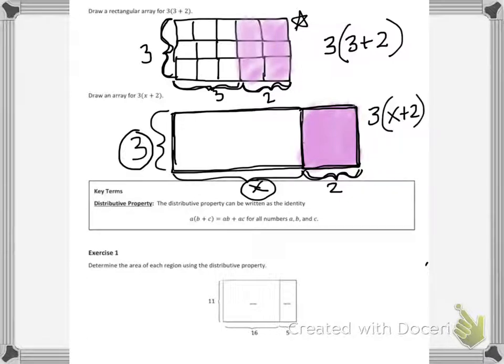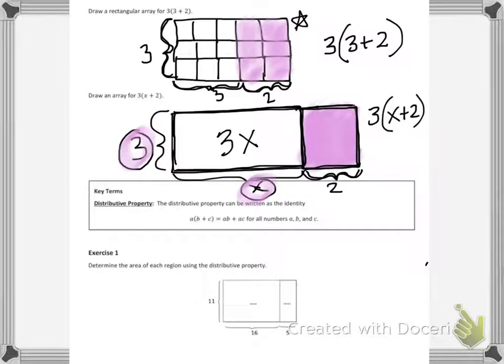This area right here is 3x because it's 3 times x, and that's the area. So we are now calculating the area of this rectangle.